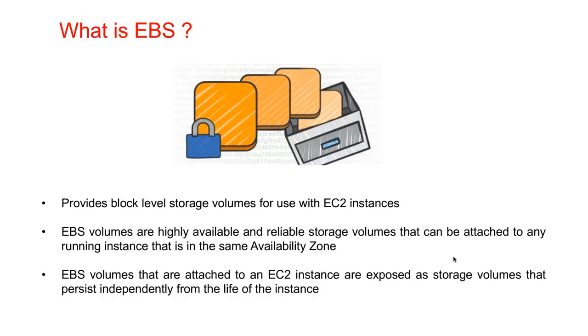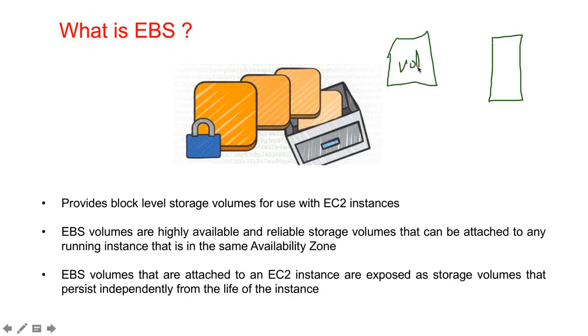EBS volumes that are attached to an instance are exposed as storage volumes that persist independently from the life of the instance. How this works: let's suppose that this is your instance and this is your volume.